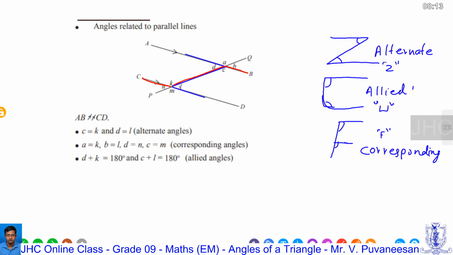If the two lines are parallel and the transversal intersects them, the alternate angles formed are equal. If the two lines are parallel, we can say alternate angles are equal. So in the picture D and L are equal, K and C are equal.